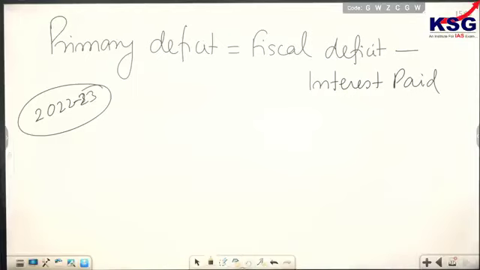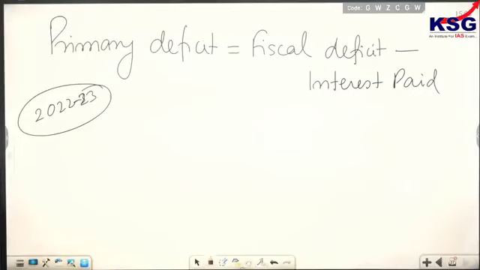But here primary deficit is defined as fiscal deficit minus interest paid. So how much fiscal deficit is there for the central government, and in that same year, how much interest was paid by the government? If you subtract that amount from the fiscal deficit, you get the primary deficit.